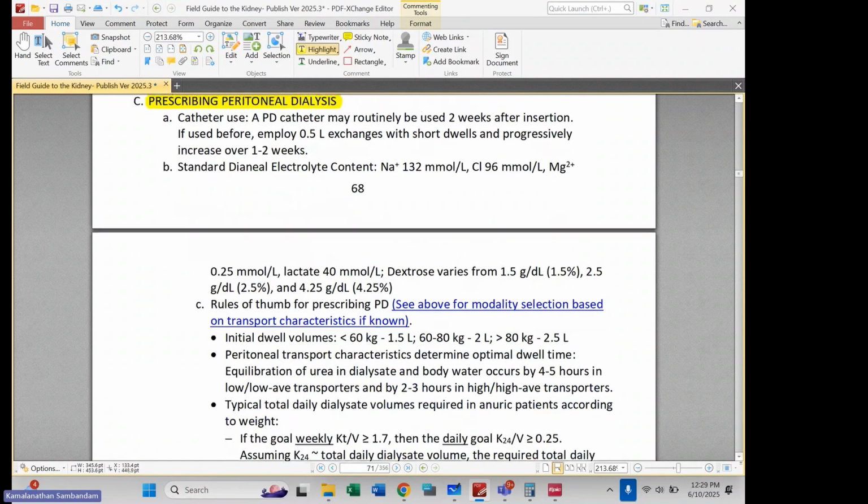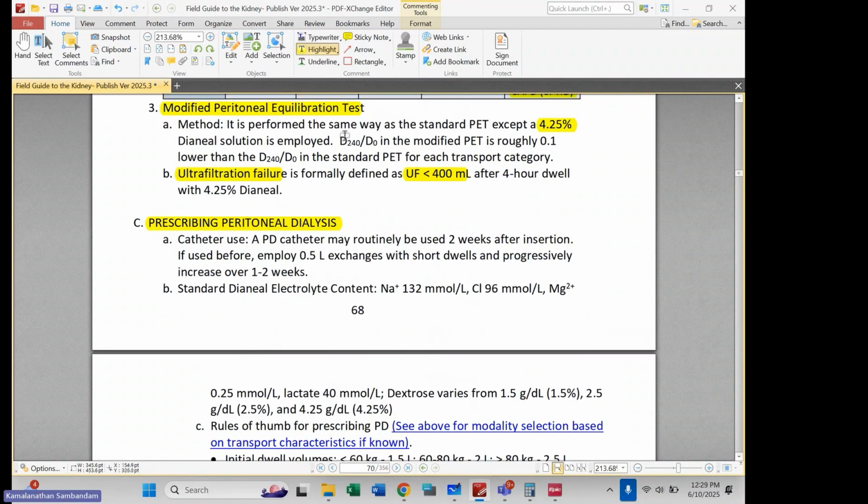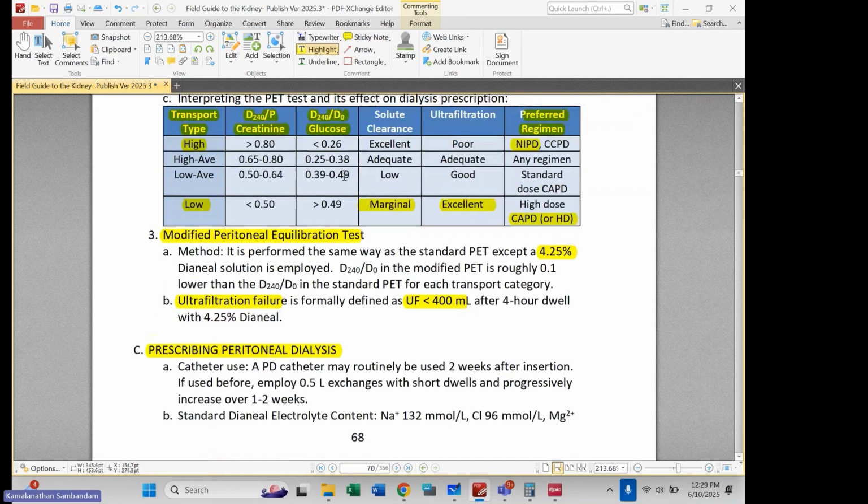Let's move on to prescribing. Correct. Yeah, the question is, the definition of ultrafiltration failure has nothing to do with transport characteristics. Let's use an example, okay? I might have low transport characteristics, but still have ultrafiltration failure if I have catheter dysfunction, or if I have a hernia sac.